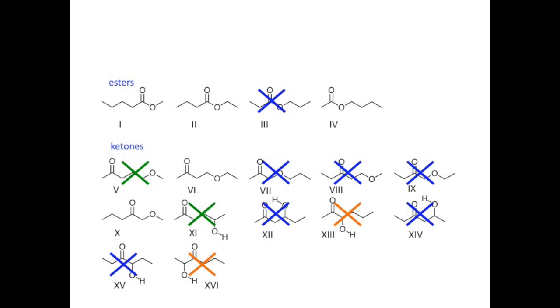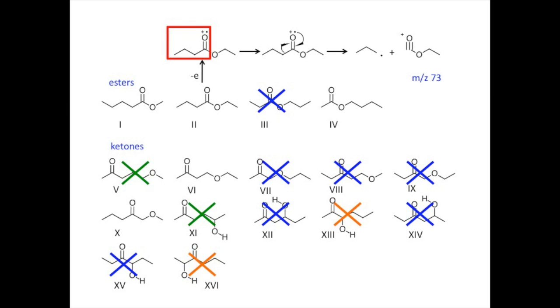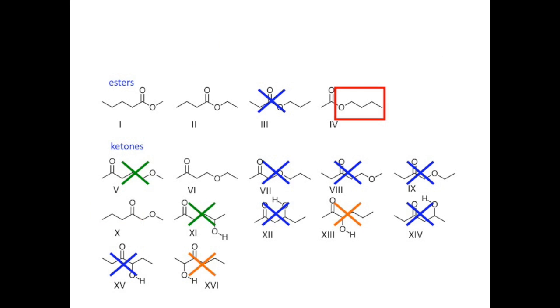We can see that structure number 2 will cleave a propyl group easily. So any molecule with a structure given here can give rise to a signal at 73 atomic mass units. Structure number 10 will follow a similar path. Likewise, 4 carbons attached to a saturated oxygen atom will lose a propyl group.